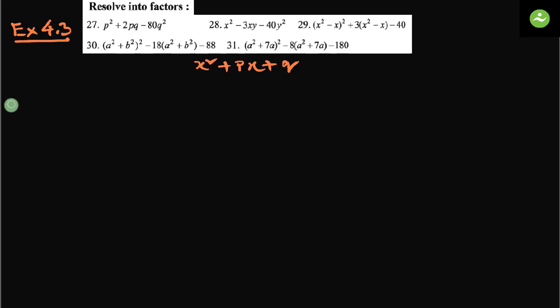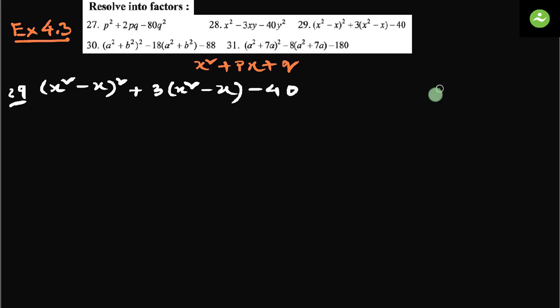Number 29. x square minus x whole square plus 3 into x square minus x minus 40.